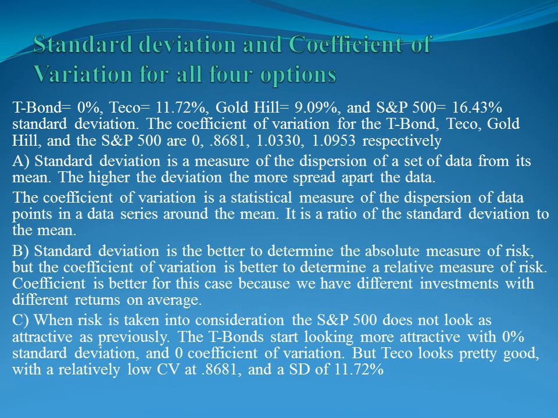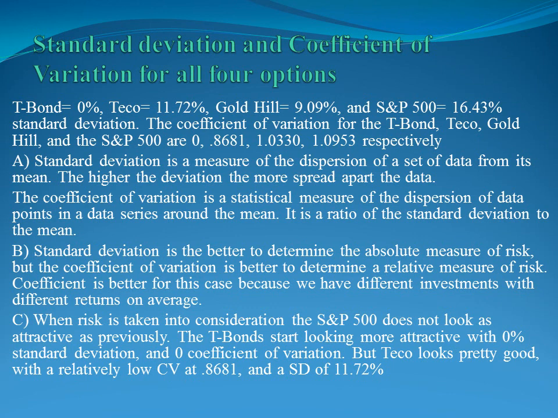And in regards to which is better to determine a measure of risk, standard deviation is the case. The coefficient of variation is better to determine a relative measure of risk. And it is also better for this case because we have two different investments with different returns on average.